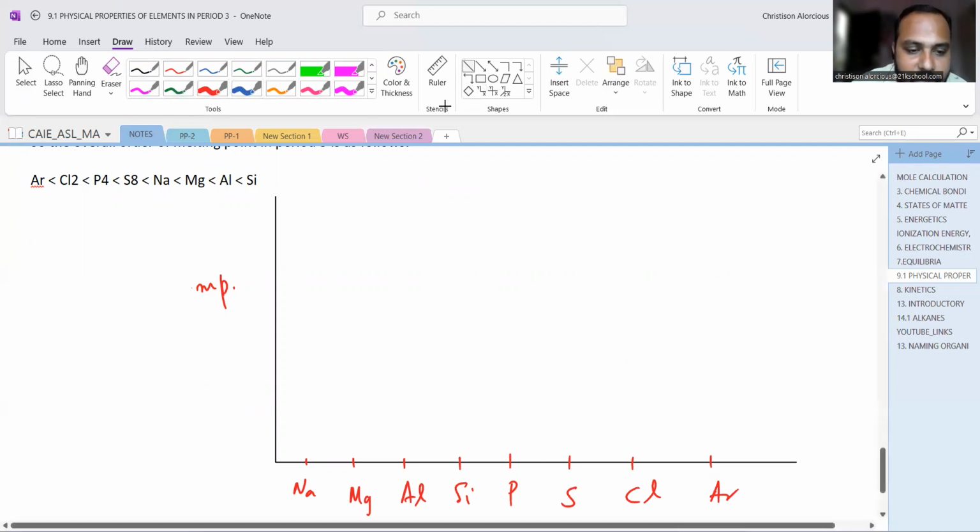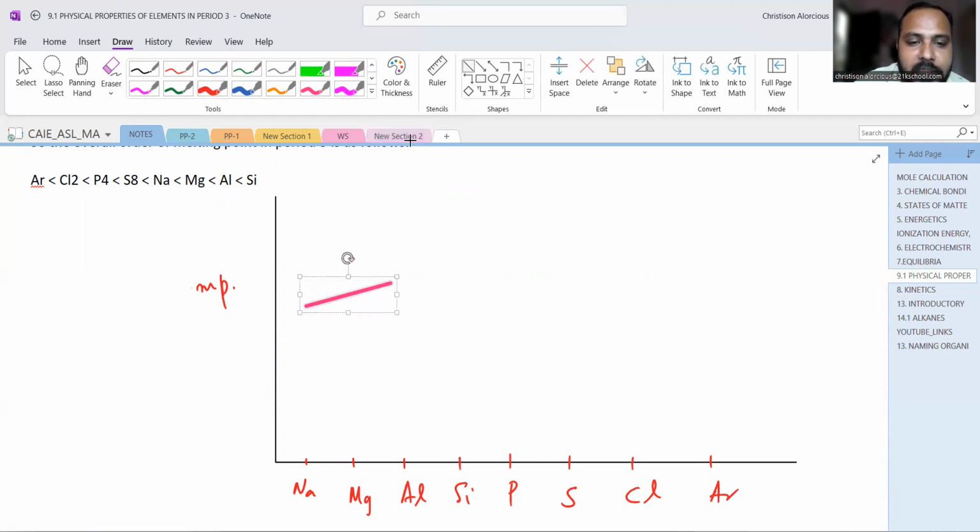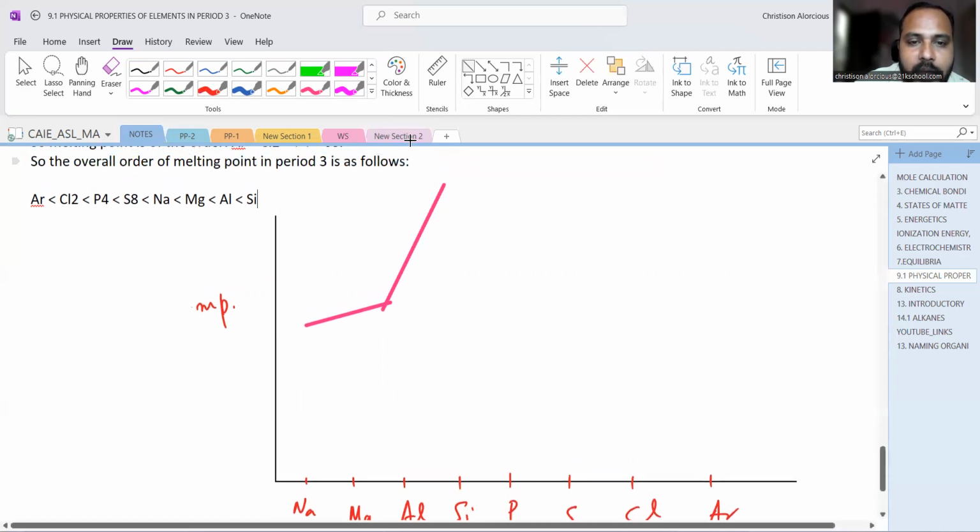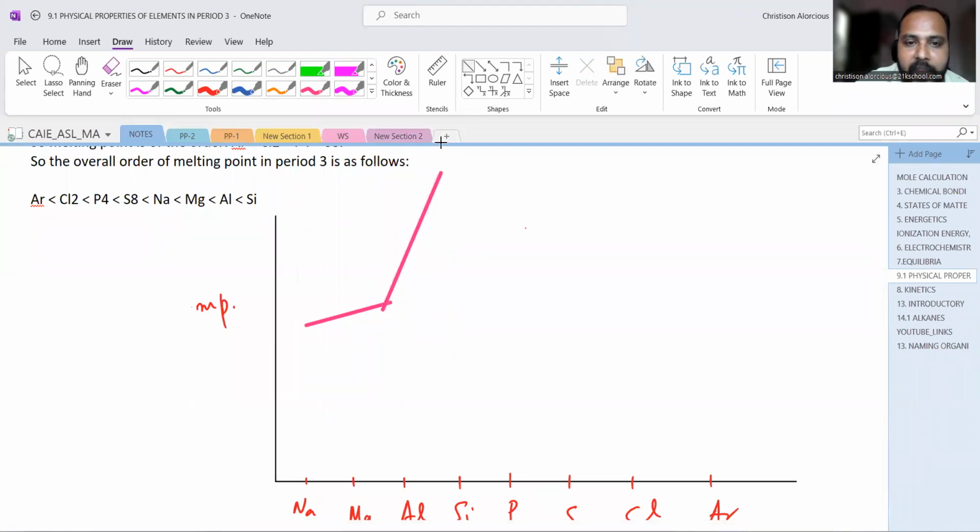So the trend is that from sodium to aluminium, it increases. Just looking at the trend, not looking at data. From aluminium to silicon, there's quite a bit of a spike. Then you come down from there to phosphorus.